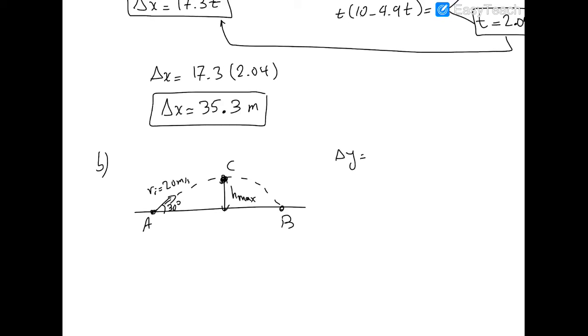So delta y was Viy t plus 1 over 2 g t squared. Okay, so delta y is the displacement in the y direction, which is what I want to find, h max, because if you go from A to C, your delta y is h max, right? So Viy is 20 times sine 30 degrees times t.